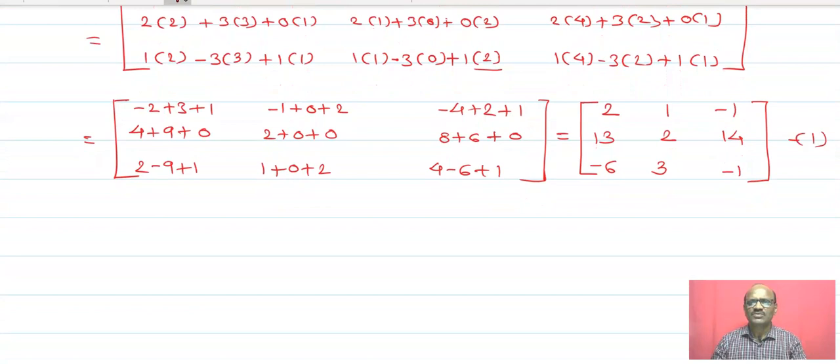That is a 2, 1, minus 1, 13 to 14, and this is number 1.